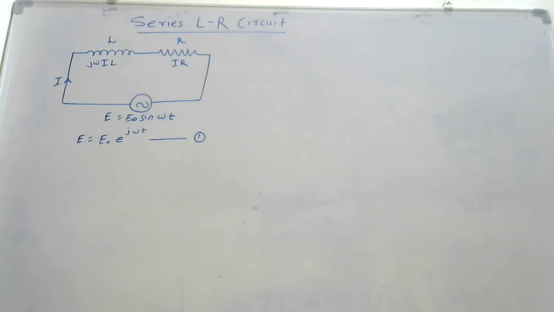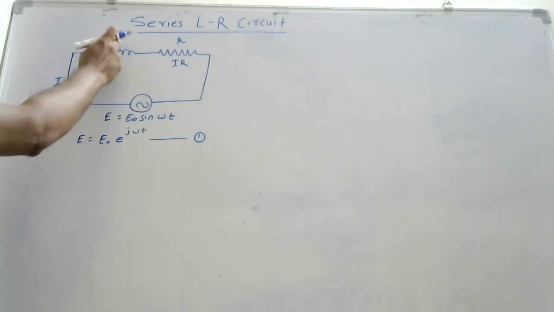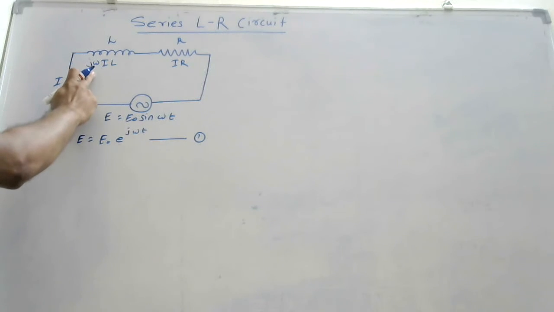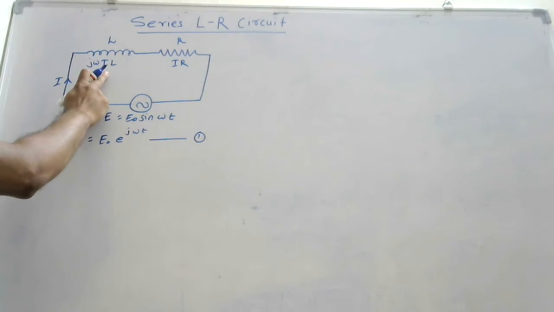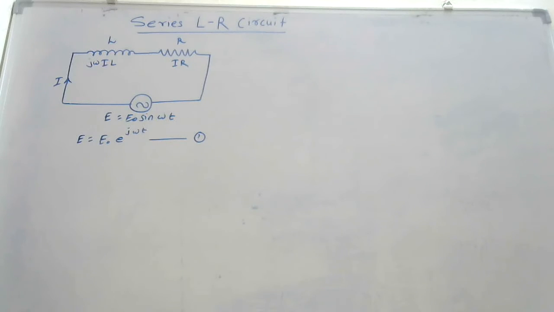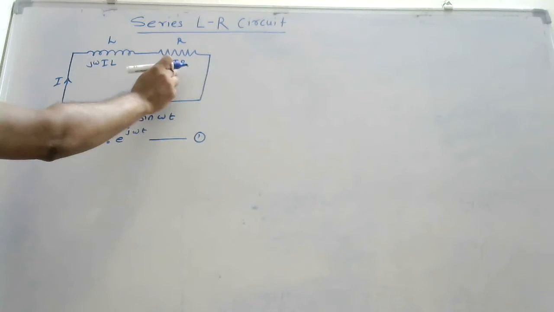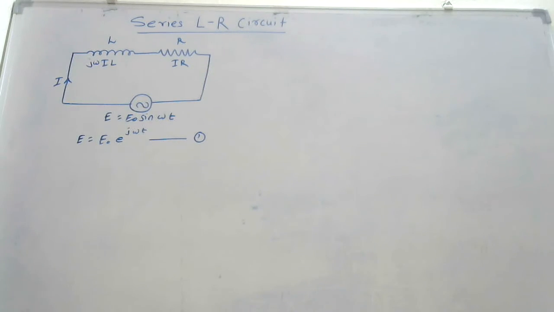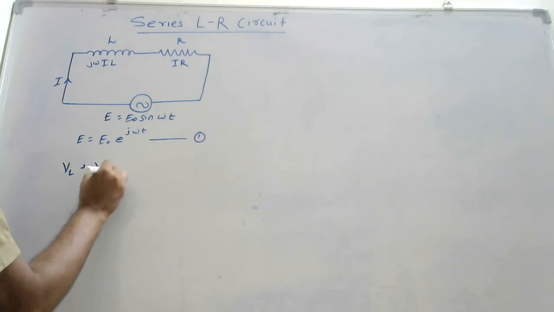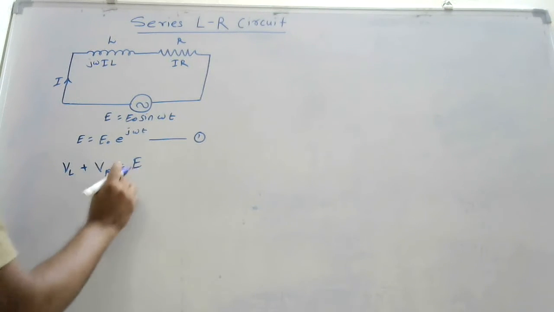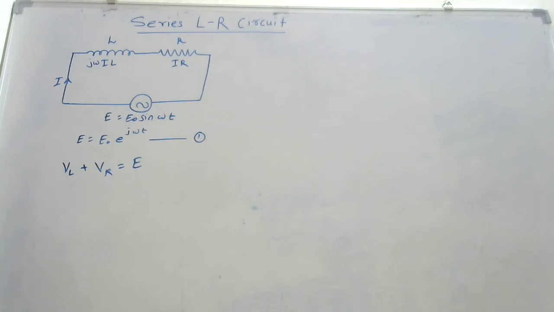Let I be the current flowing through the circuit. The voltage across the inductance is j omega I L, and the voltage across the resistance is I R. Then the EMF equation of this given circuit is: voltage across the inductance plus voltage across the resistance equals the total EMF of the given circuit.